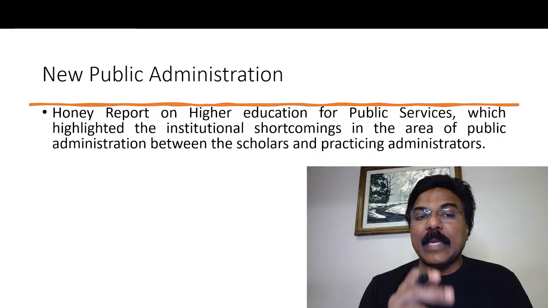Minnowbrook 2 happened in 1988. So you can see, 20 years. Minnowbrook 3 happened in 2008. So 20 years later, 2028. You'll all be IAS, and you definitely, because you're a public administration student, will want to have a look at the Minnowbrook Conference.